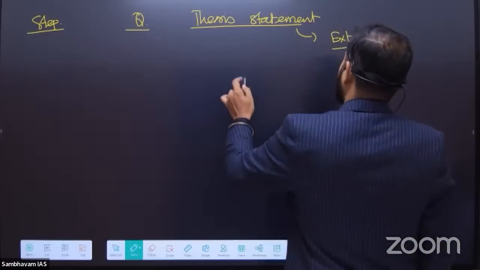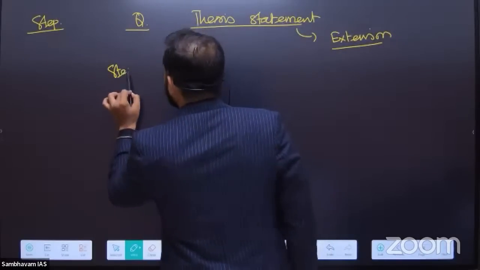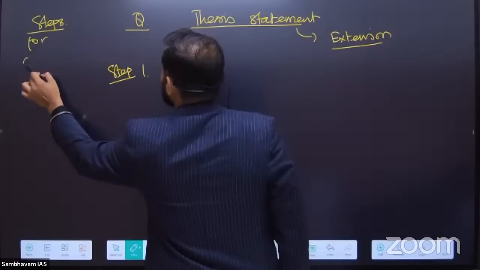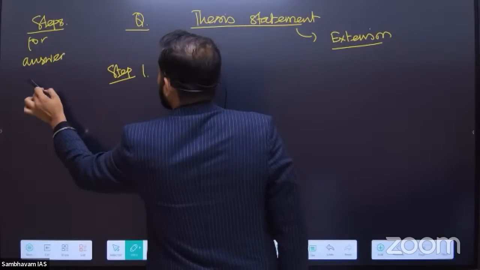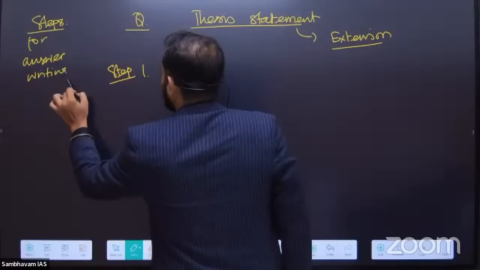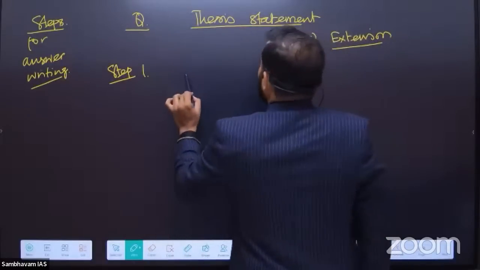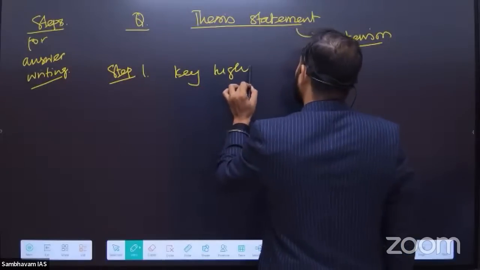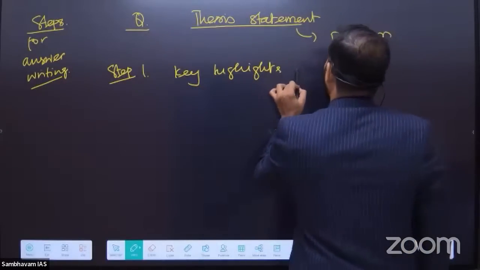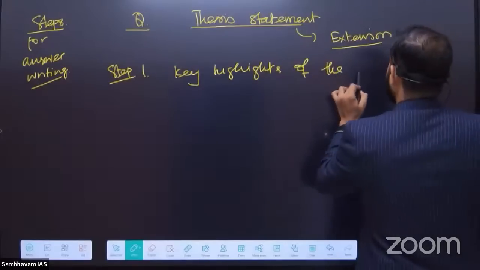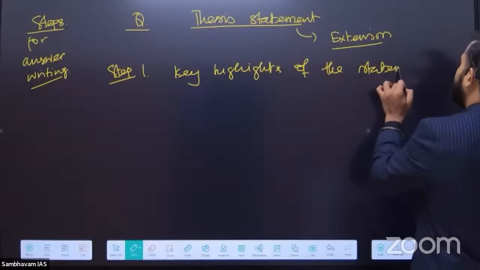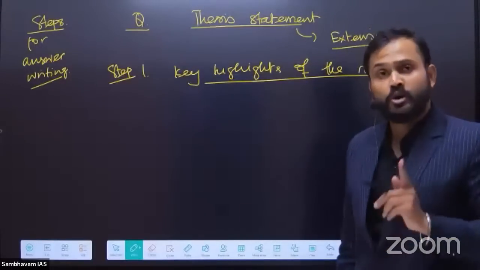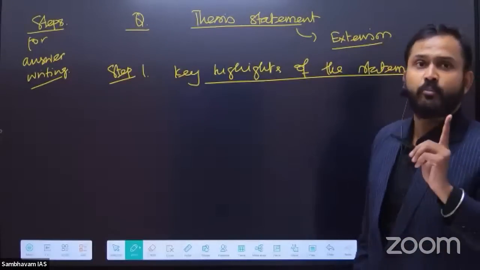Step 1: you will make key highlights of the statement. It will help you to limit your answer. You will know what to write and, more importantly, what not to write. Step 2.